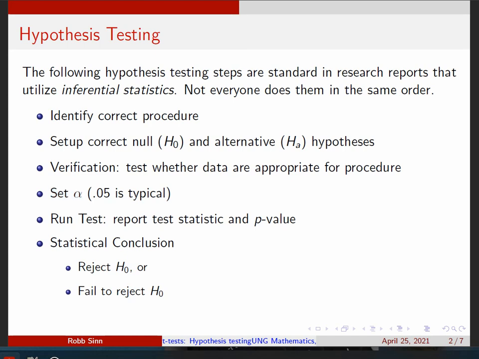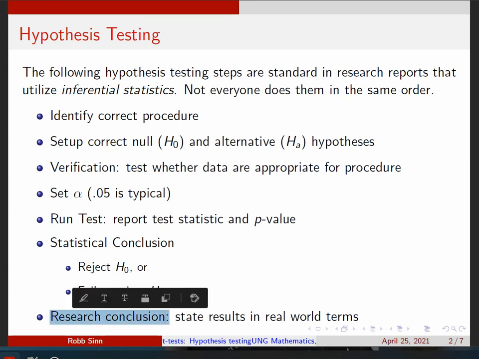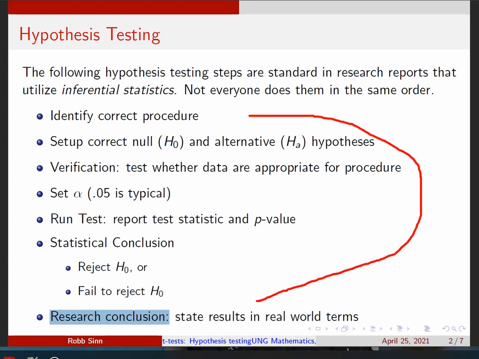But it's an introductory statistics course. You would have to go into a deeper level of stats before we're really going to talk too much about how to set alpha. And then the last step is we're going to make a research conclusion. In other words, we're going to take all of the results from all of this stuff up here, and state it in real world terms.